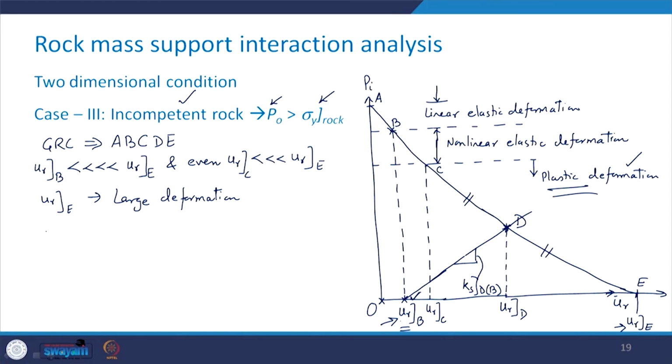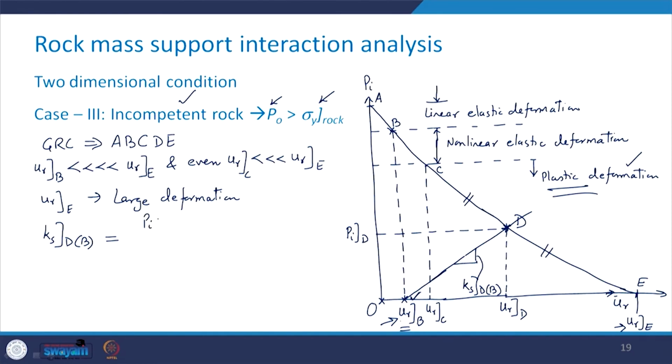So, this Ks at D when it has started from the point B is going to be what? I take this line here and this is going to be Pi at D. So, find out this stiffness.